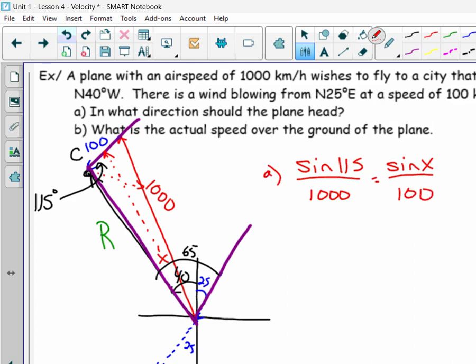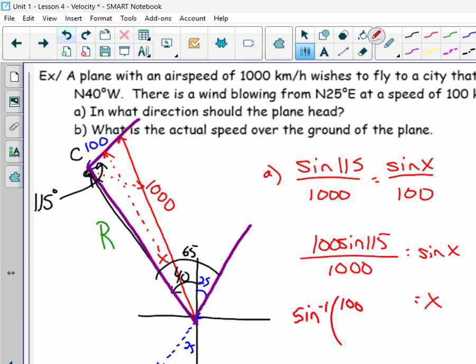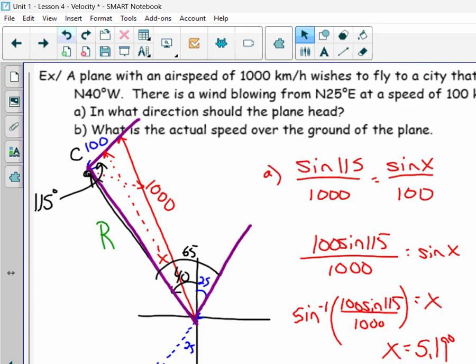This is part A. I'm going to cross multiply: 100 sine 115. Let's leave the 1,000 where it is. We have our sine x. We want an inverse, so we're going to inverse our big, long, ugly decimal, whatever that happens to be, and I'm going to get 5.19 degrees. Okay, that's my x.